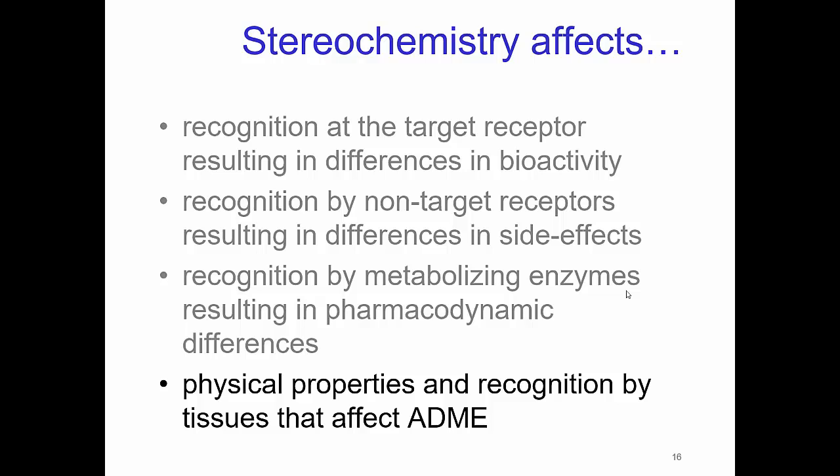And then the other aspect is our physical properties and recognition by tissues that affect ADME. So what are we talking about? Metabolism we just talked about, but we do have absorption, distribution, and elimination as the other parts. That's what ADME means: absorption, distribution, metabolism, and elimination.